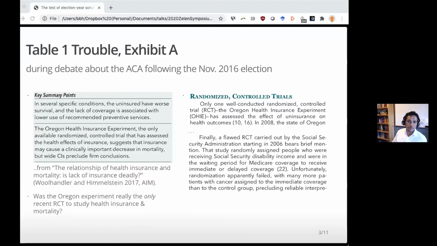But it's described as flawed because the randomization apparently failed. And that apparent failure of the randomization, we'll see, traces back to their table one, a table one that had been presented with the study. So let me show you that table one, or at least an excerpt of it, here in my next slide.